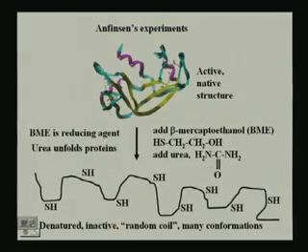Now, in Anfinsen's experiment, what was done was to open up this chain to result in 8 such SH groups, 8 such cysteines, and then allow the protein to fold by removing the reducing agent as well as the denaturing agent. On removal it was found that the exact same disulfide bonds were formed, which was determined when the same activity was retained for the protein, which meant that it had its final folded native structure.